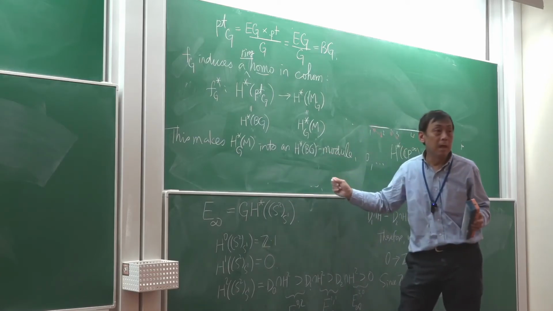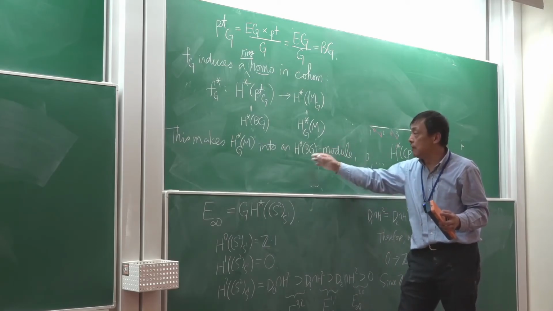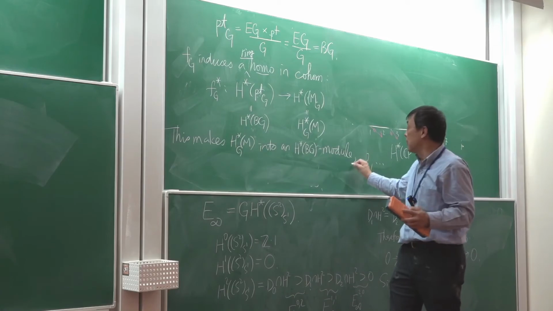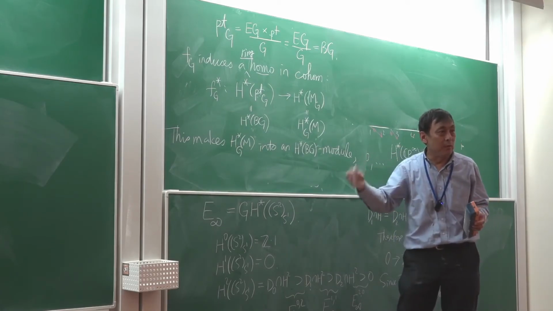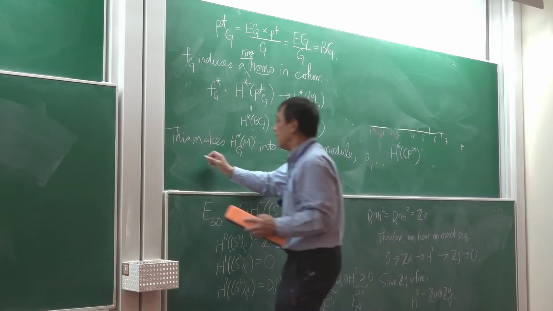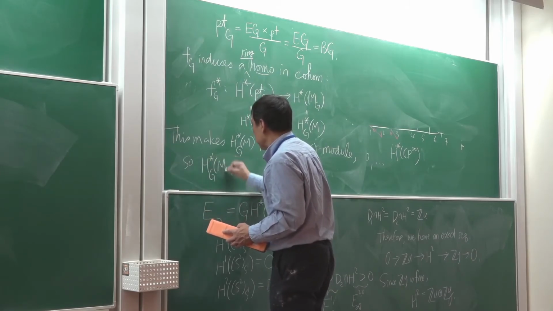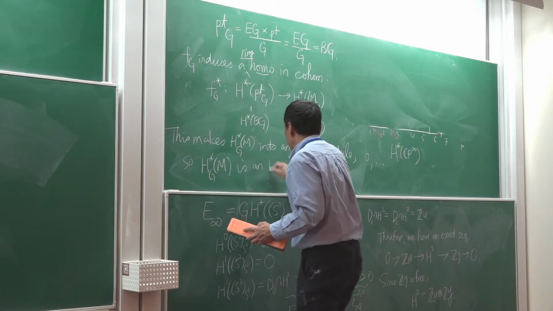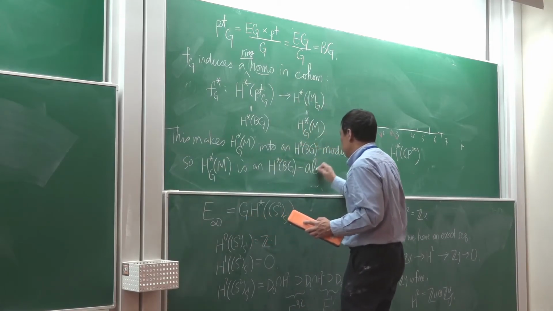And it's a ring, and it's also a module over H star of BG. So that's called an algebra. An algebra is a ring that's also a module over some other ring. So H_G star of M is an H star of BG algebra.